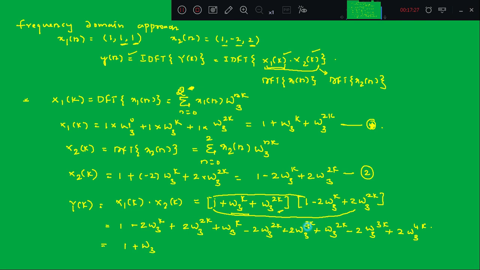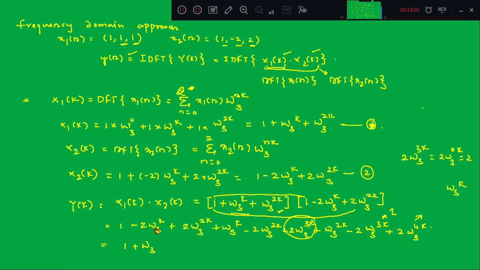So here 3k is there, so this term can be written as 2 times W3^3k. Since it is greater than 2, you subtract by 3, so it is 2 times W3^0k, that is nothing but 2 only. And here 4k is there, so this is also W3^0, that is 1, and this 4k is nothing but W3^k.